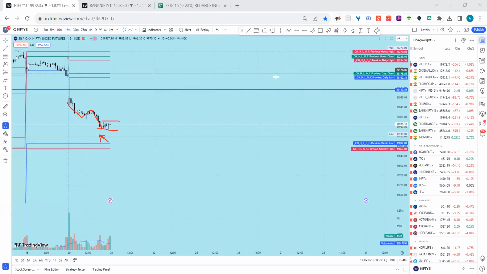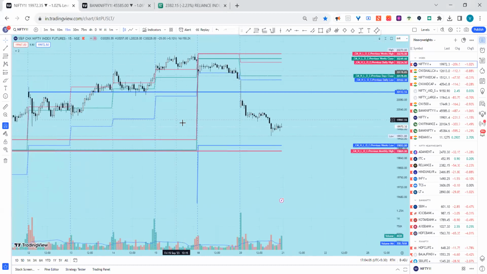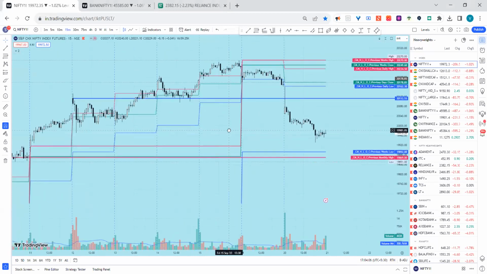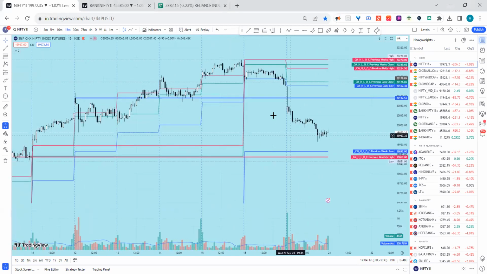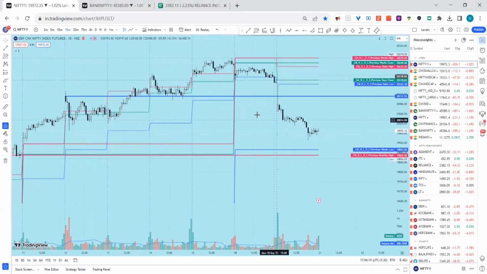So that was Nifty for you. Let me clear this. If you look at the simple price-based swings here, why the price stops here is very evident. When it was making this low structure, I was expecting the next level from the standard price levels to be the previous week low of 19,892.